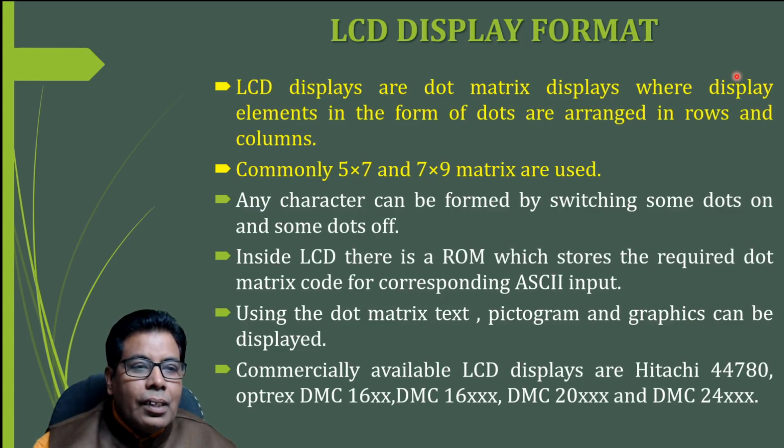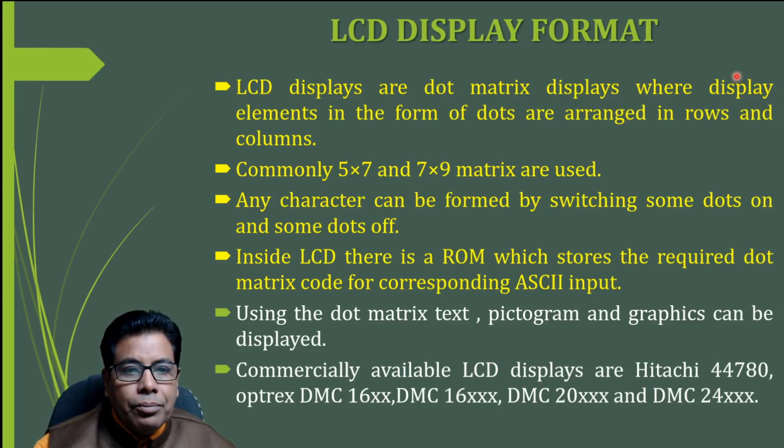So these displays, 5 by 7 or 7 by 9, are matrix displays, and by switching the dots on and off from the matrix, we can form any character. So that's why the LCDs are popular because of that. Even we can have some graphics characters and text, the numbers, and even the pictograms.